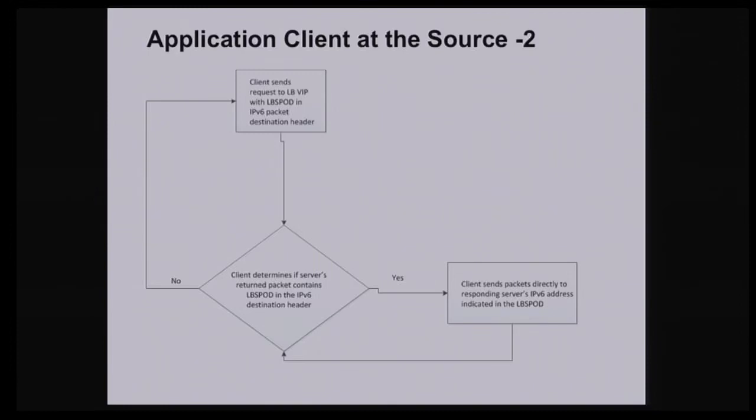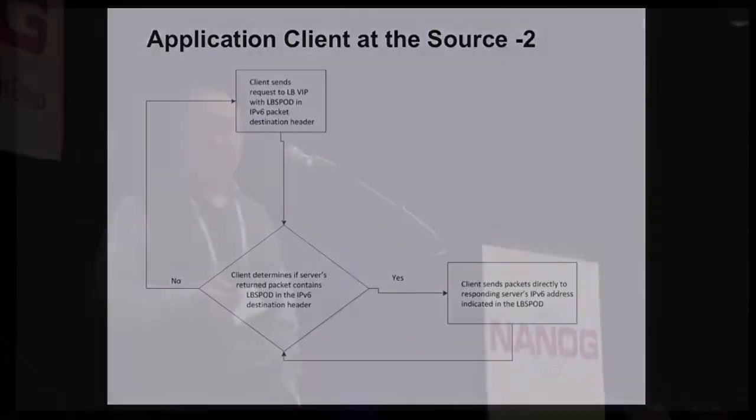And the scenario will be pretty much what we described earlier. And if the server sends back that address, then the client has the option to go directly to the server. So the server itself can make that decision on whether it wants to go this route or not.